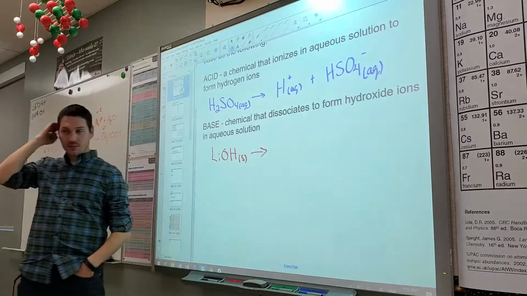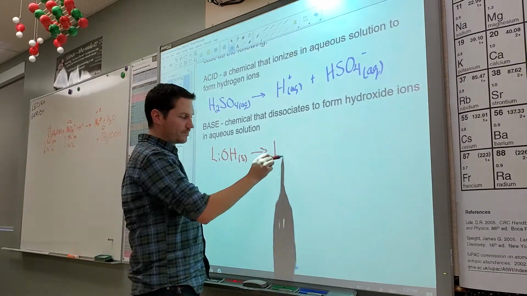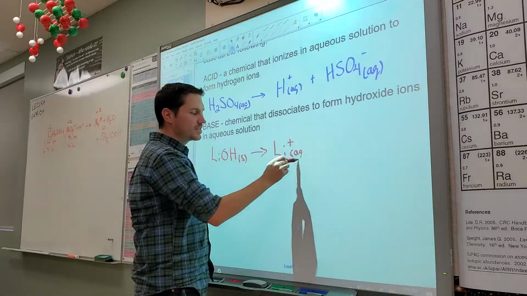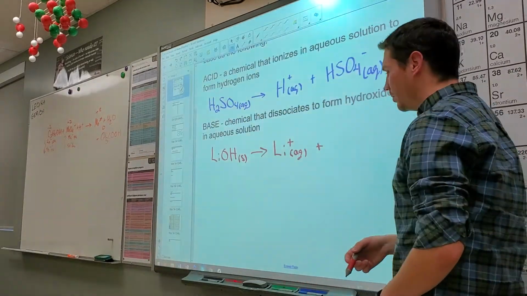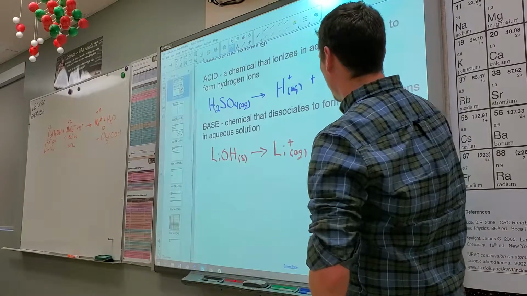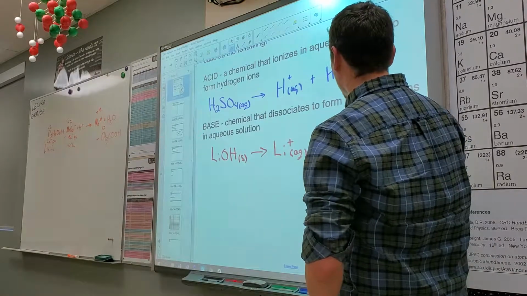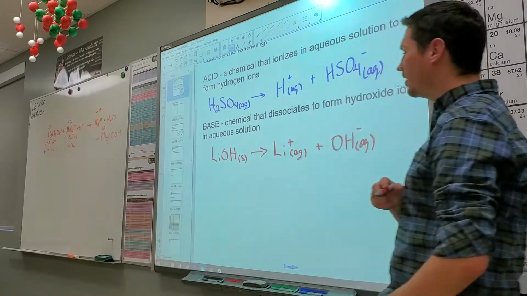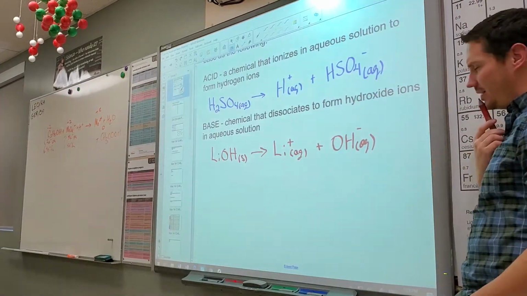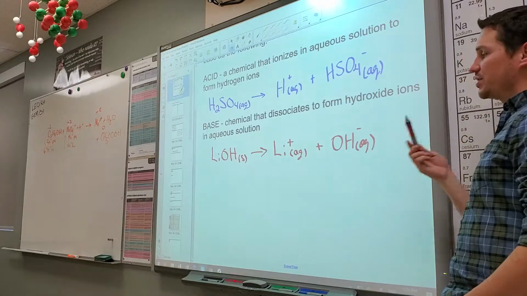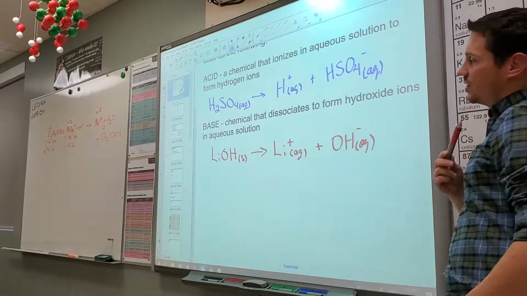When you put lithium hydroxide into water, it dissociates at least a little bit. I mean, this is very soluble, so it will mostly dissociate, to make lithium and hydroxide. That's not really going to change a ton. So for strong bases, that's not really going to change a ton.